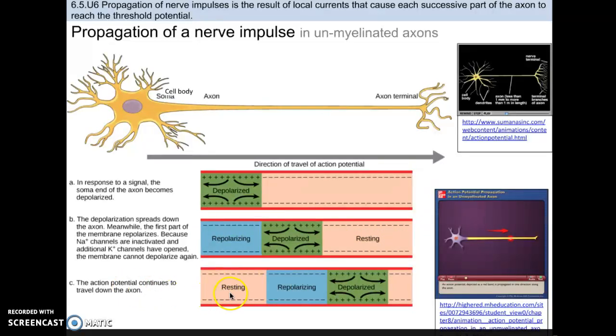And then finally, we're going to go back to resting potential just after that. As this gets depolarized, this gets repolarized, and then we go back to resting potential. Please understand that this is one of your understandings. So basically, the propagation of nerve impulses is the result of local currents that use each successive part of the axon to reach the threshold potential.